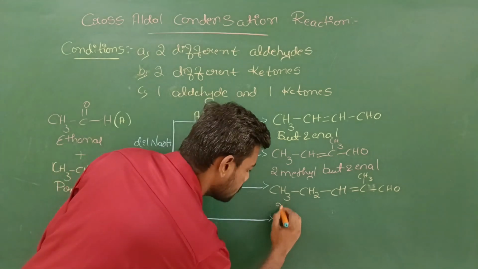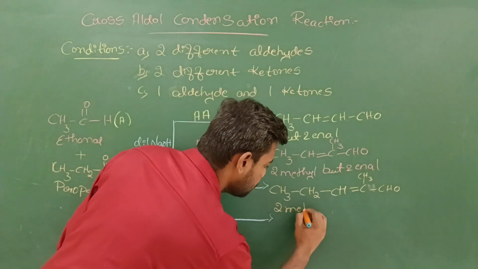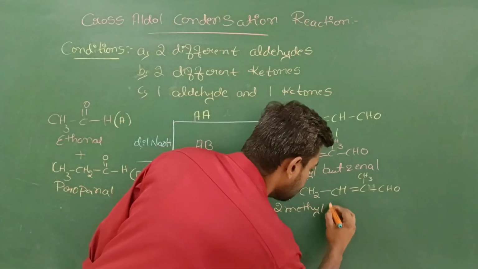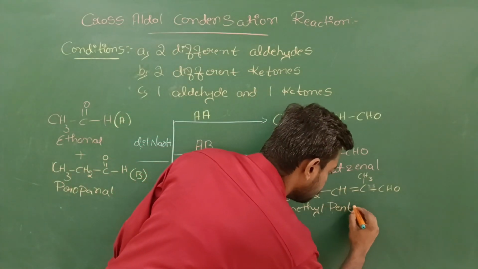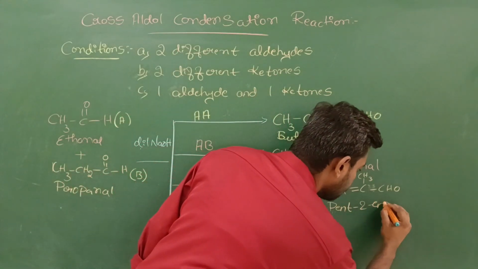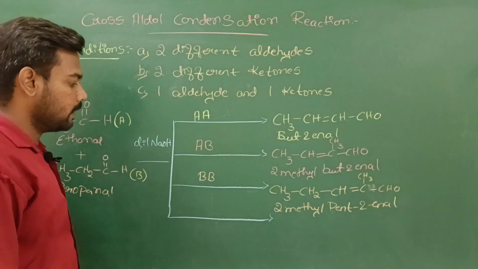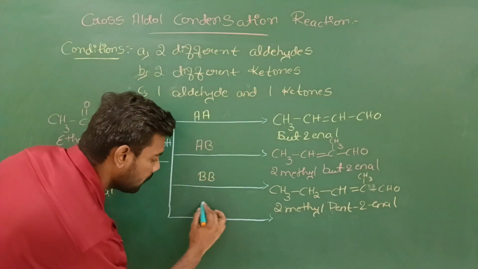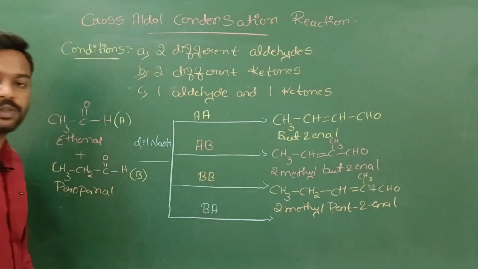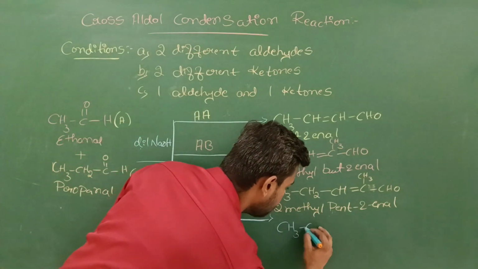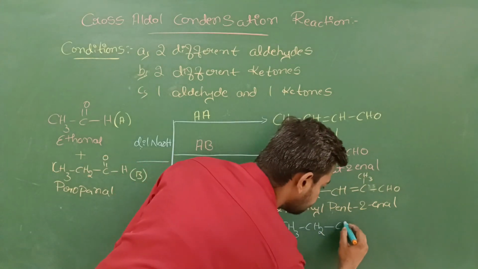This is known as 2-methyl pent-2-enal. And the last one is B plus A. We get pent-2-enal.